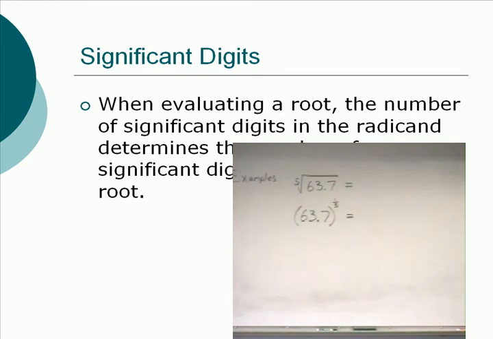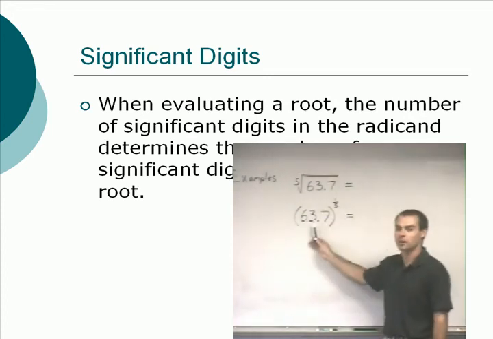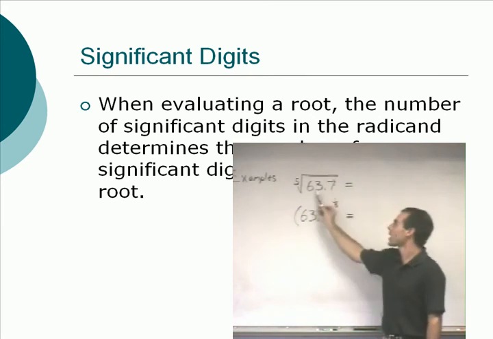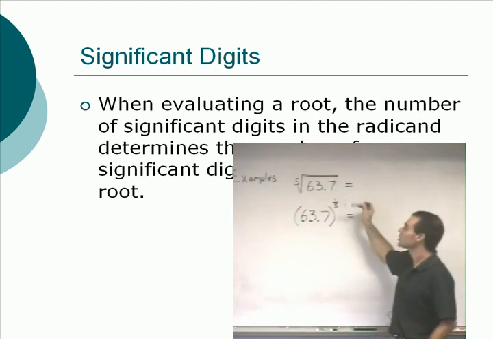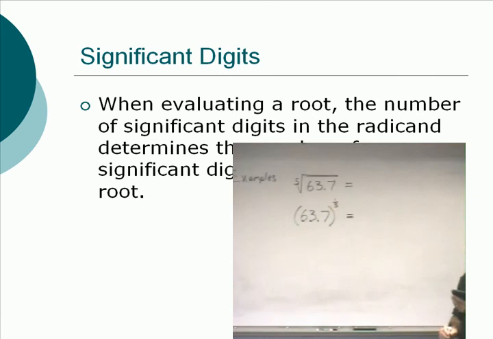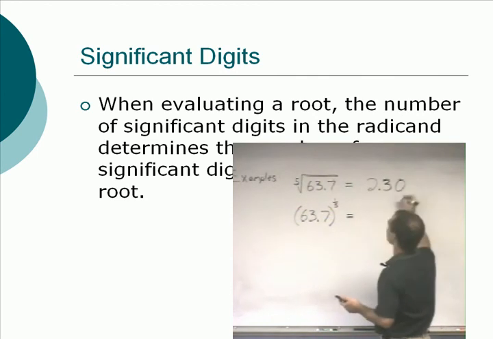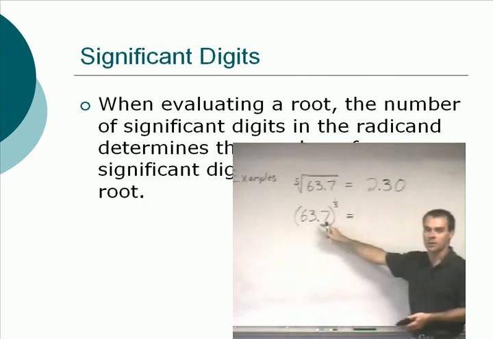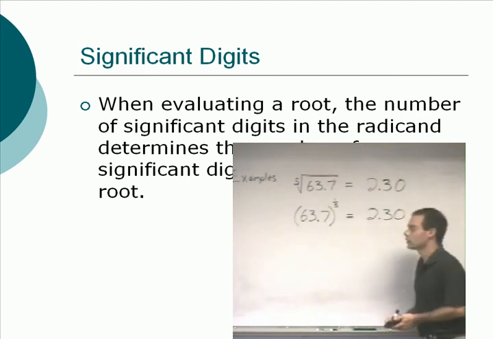Well, how many sigdigs are you going to be allowed to keep for either one? 3. Do you see why, if we pay attention to the base when doing exponents, it's really the same as paying attention to the radicand when we're doing roots? They play the same role. And so we can keep 3 sigdigs. If you round off the value of that root at 3 sigdigs, 2.30 is correct. And of course, this is the exact same question, just written a different way, 2.30. Good.